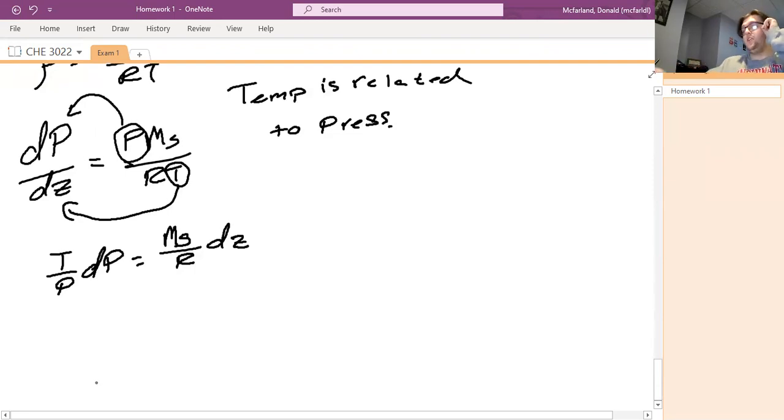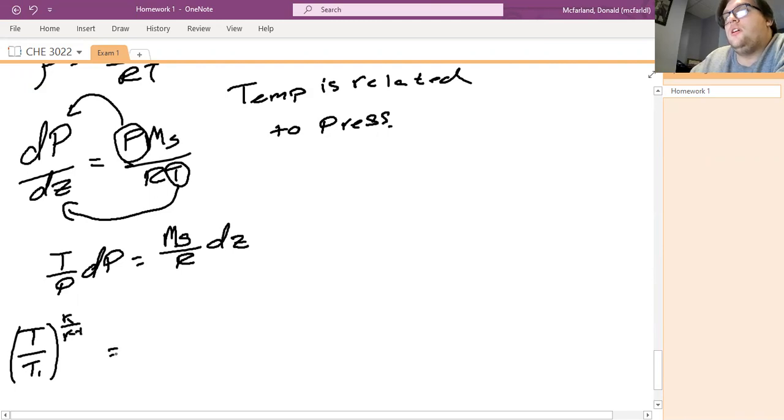So remember back to the equation I told you to remember. We have T over T1 raised to K over K minus 1 equal to pressure over initial pressure, to nothing, just 1.